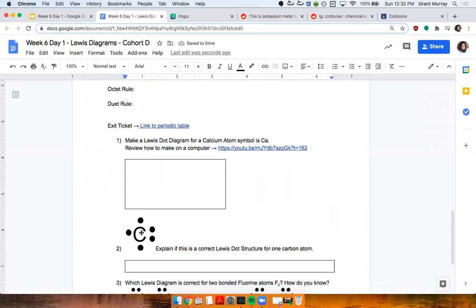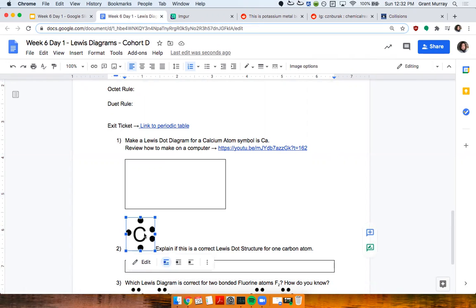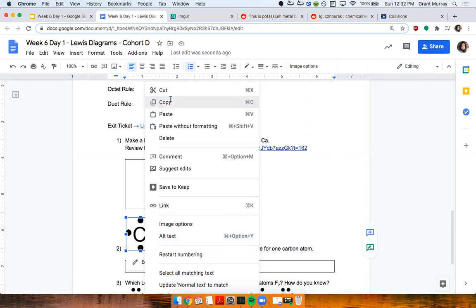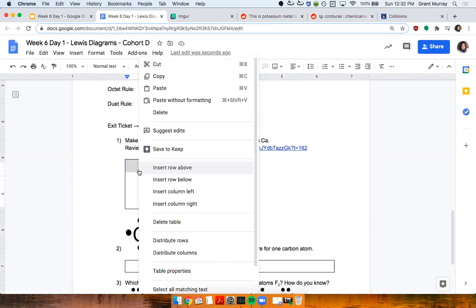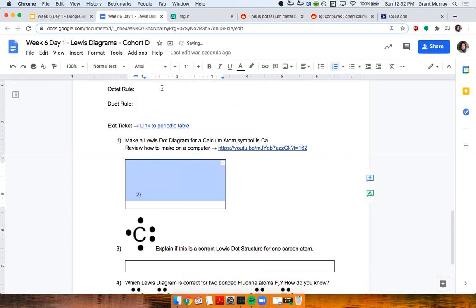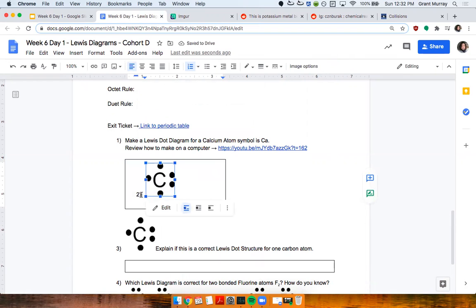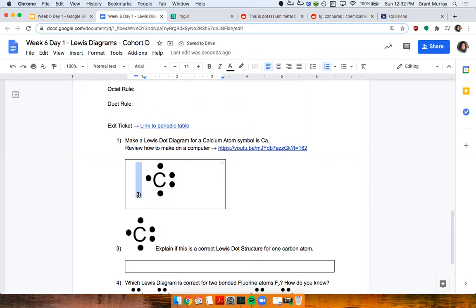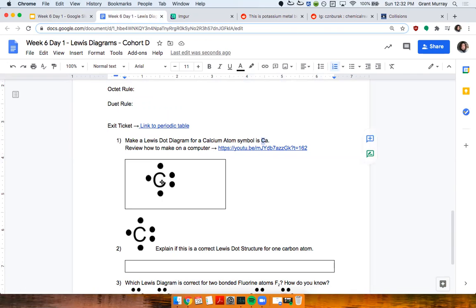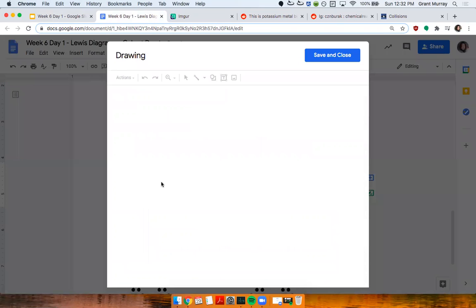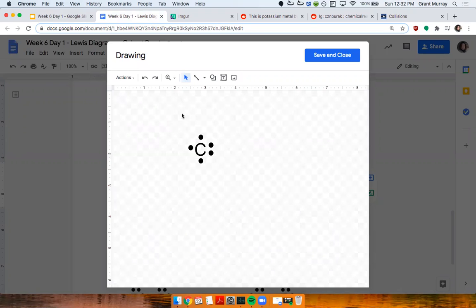So if you want to do this for a calcium atom, one thing you can do here, I'll show you, is you can take this. Once you click it, it's highlighted, and you can copy that right there. And then you can paste it here. Why did I do that? I'm going to show you. Obviously this C is not going to be right, because we're going for Ca here. You can double click this and it brings up the drawing that I did.